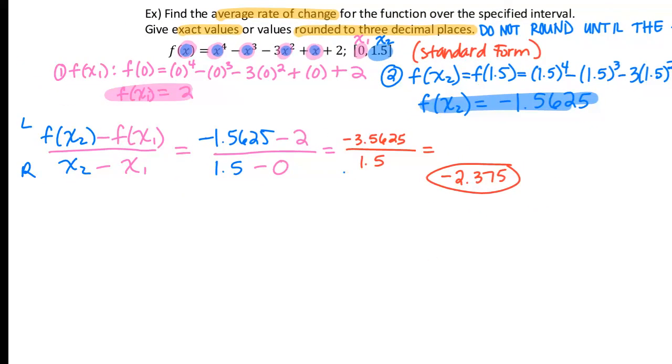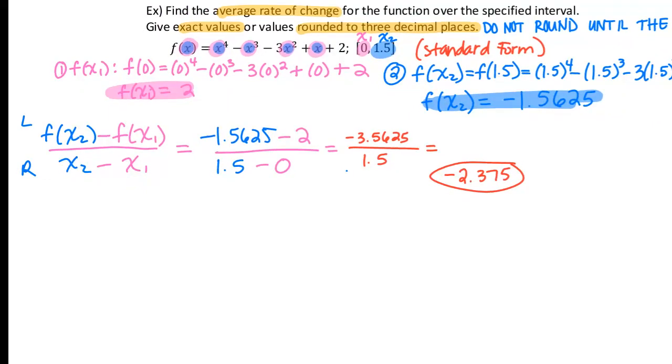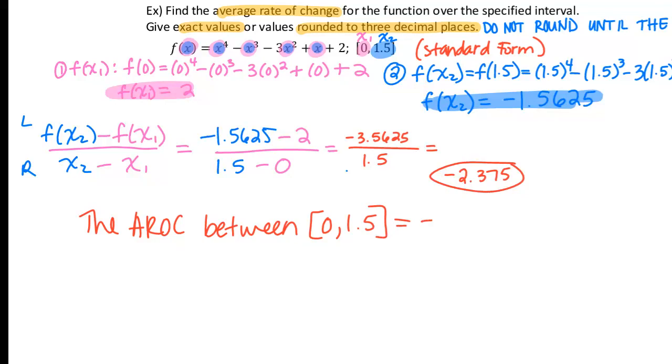Okay. Thank you for helping her figure out what she's doing. All right, so then remember for the answer, we got to say the average rate of change between 0 and 1.5 is negative 2.375.